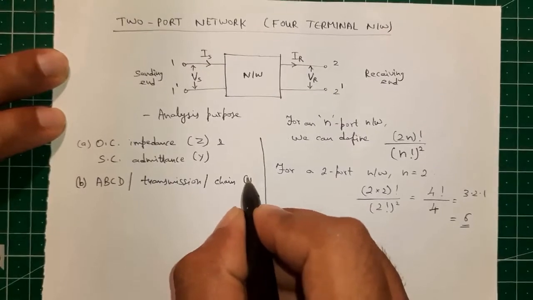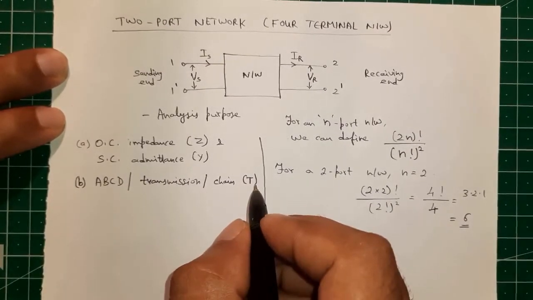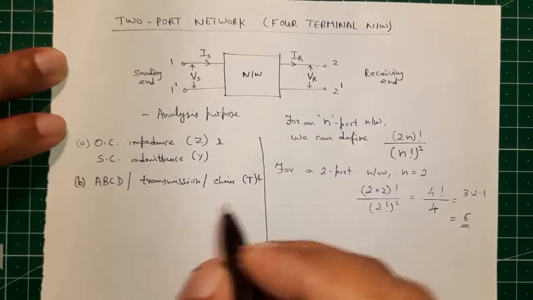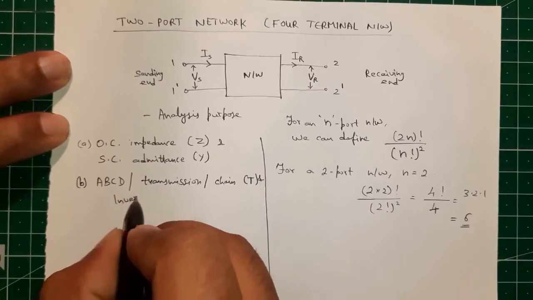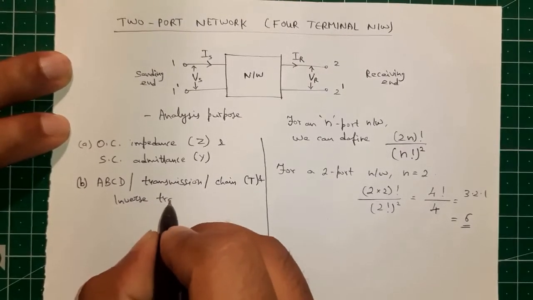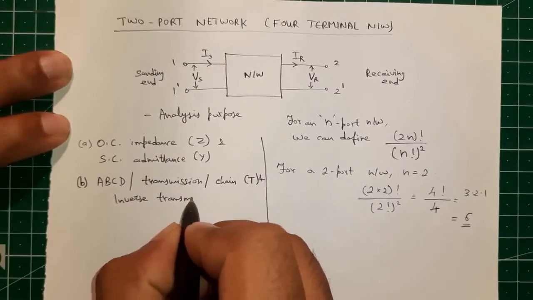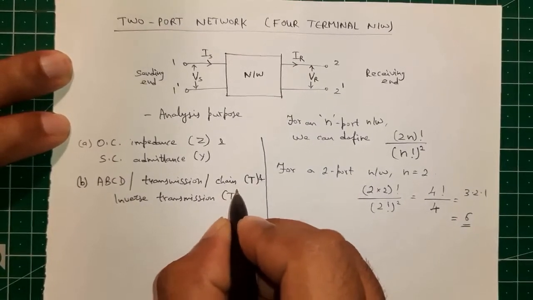In short, we can call it T parameter, transmission line parameter, and the inverse transmission parameters, or in short T dash parameters.